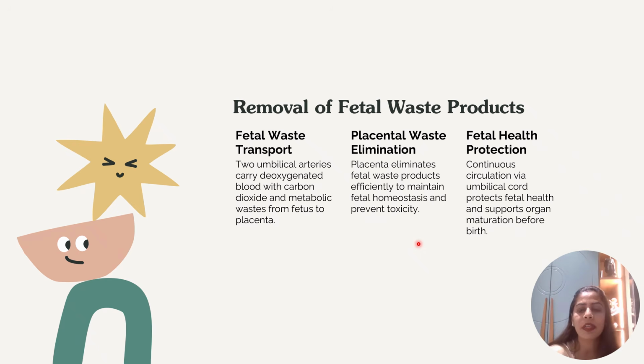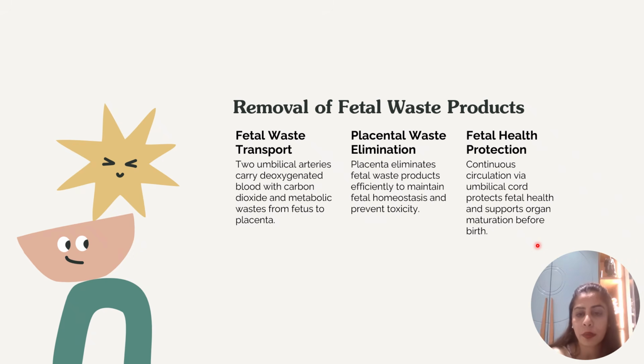Once the waste reaches the placenta, it needs to be processed so it does not build up and become toxic. The placenta itself has to recycle. The placenta acts as a filter. It efficiently removes these waste products to keep the baby's internal environment balanced and clean. So this is called homeostasis.